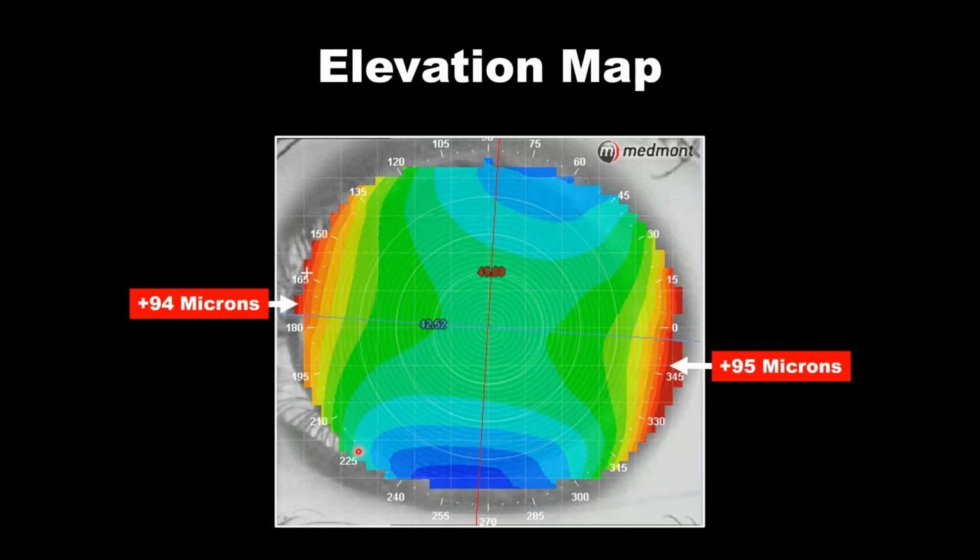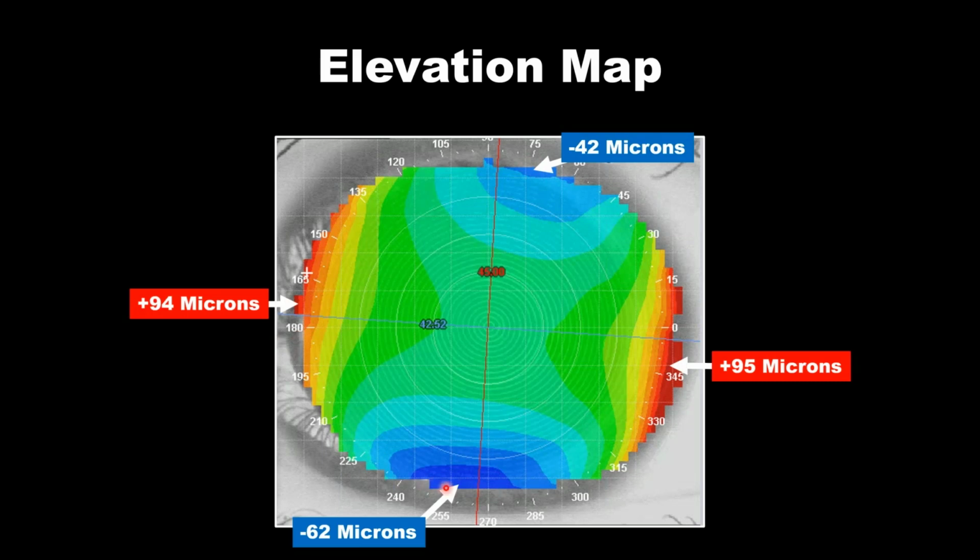So when we look at the elevation map, we see that the height of the flat meridian is around plus 94, 95 microns. But when we go to the opposing meridian, we lose a lot of elevation between this point here and this point here, or this point here and this point here.